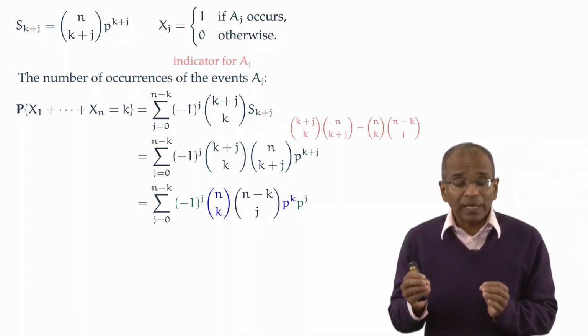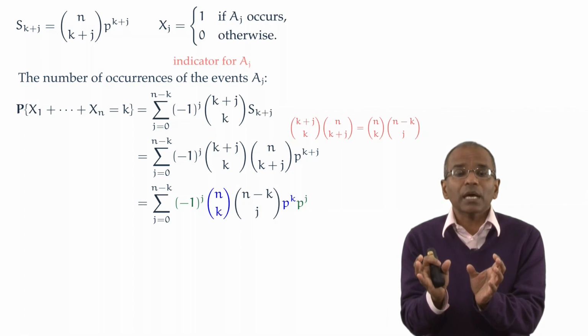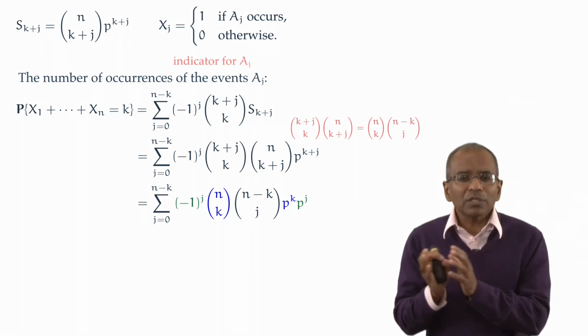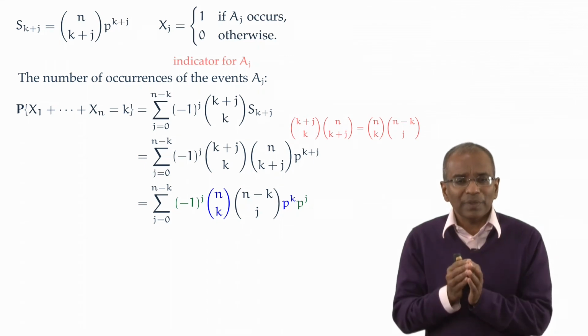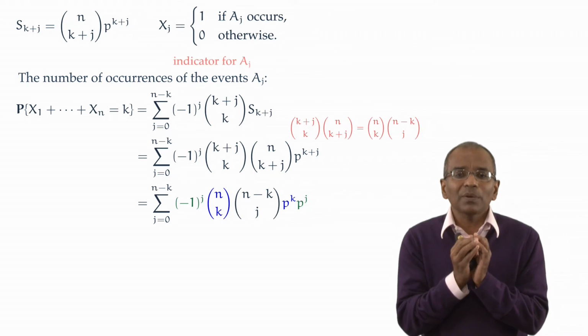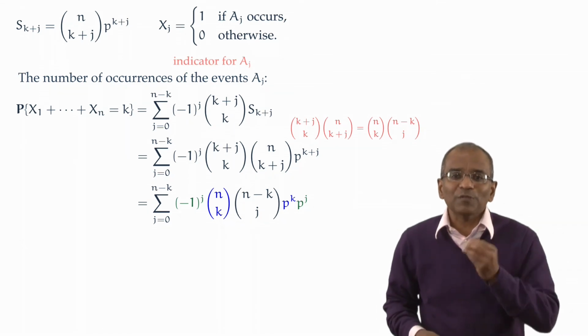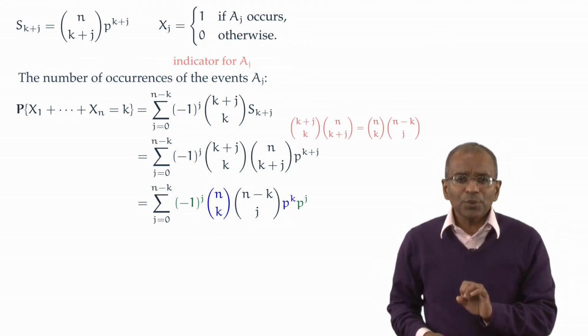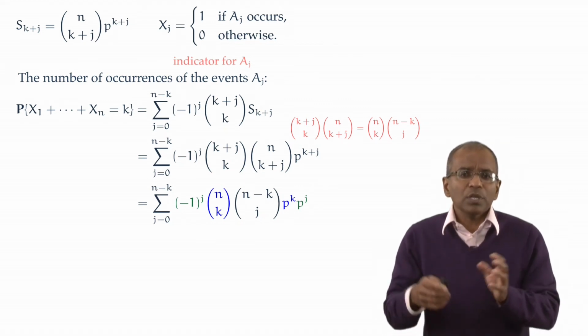The objective being that I want to isolate terms that do not depend upon j, pull them out of the sum. These are the terms in blue. And identify precisely those things in the sum which are going to devolve upon the choice of j. Now, the terms in blue, n choose k times p to the power k, don't depend upon j.